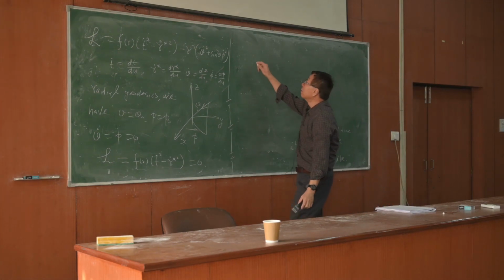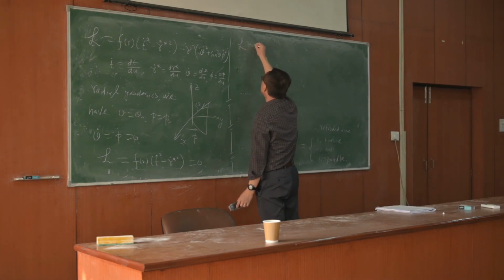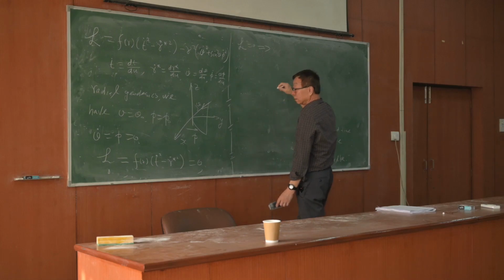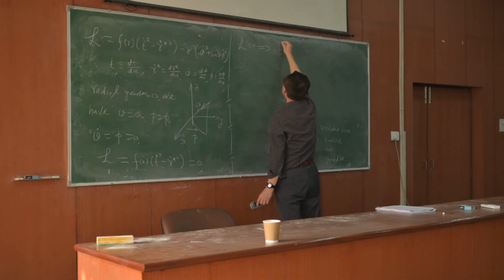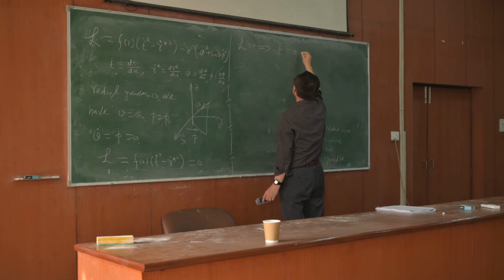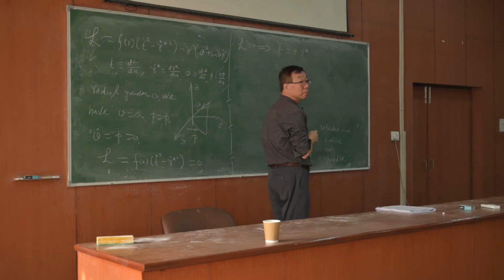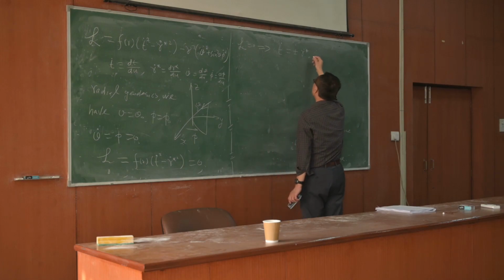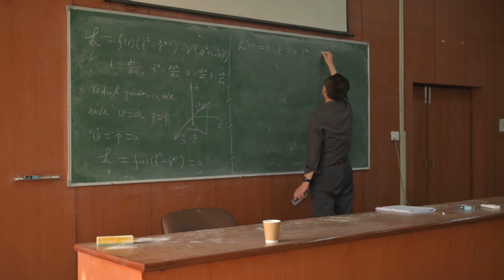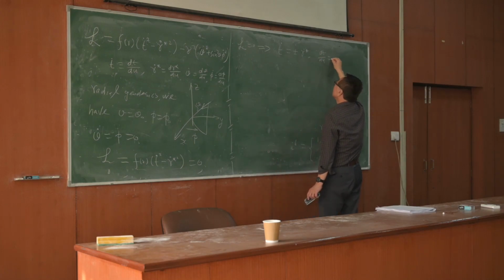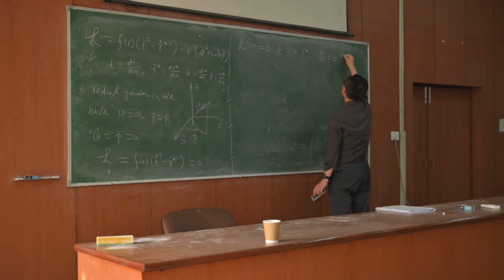L equals 0 leads to ṫ equal plus minus ṙ*. All I have is dt/du equal plus minus dr*/du.